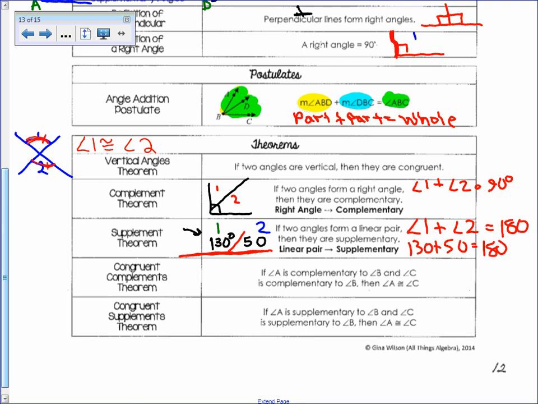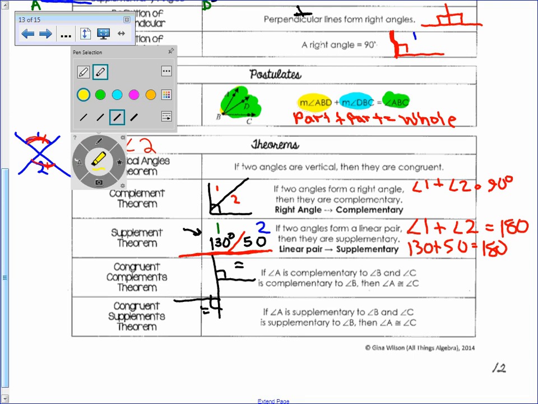Congruent complements theorem, that's basically saying if you have two right angles, let's say I have a right angle over here. This is 90 degrees. Let's say I have a right angle down here. I can conclude that these two angles equal each other.